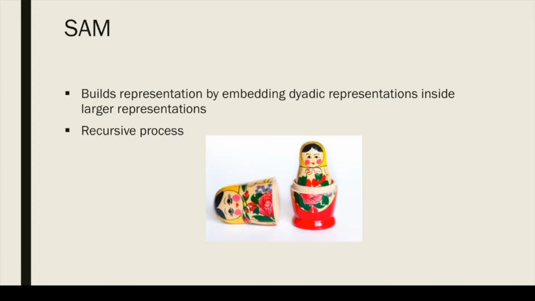Consequently, and in more formal terms, SAM builds triadic representations by embedding dyadic representations into larger ones. It does so by means of a recursive process that is reminiscent of Russian dolls being put into Russian dolls being put into Russian dolls, and so on. We've seen processes like this in other areas of cognition, especially in the way human languages build phrases.